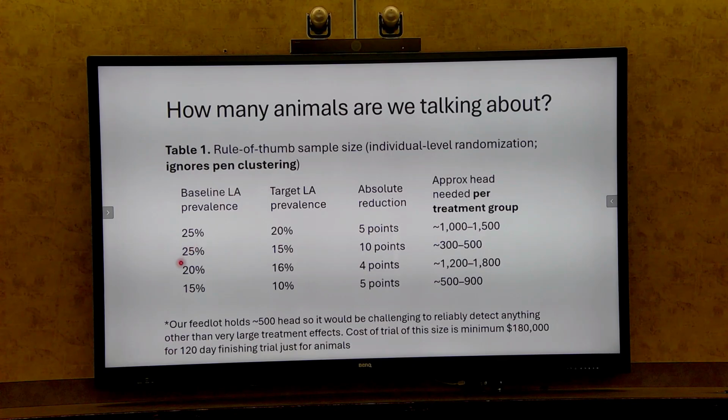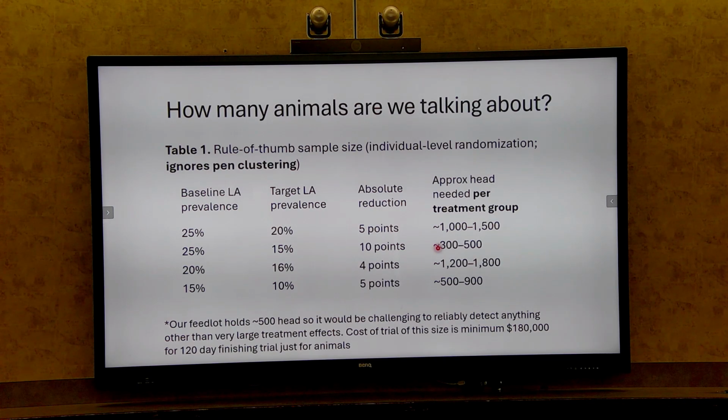If you've got a really big signal, so here we're looking at a 10% reduction, you can get that down to 300 or 500. So I think that's why a lot of these studies are consistently showing Tylan effects and Virginiamycin, because they're very large effects.